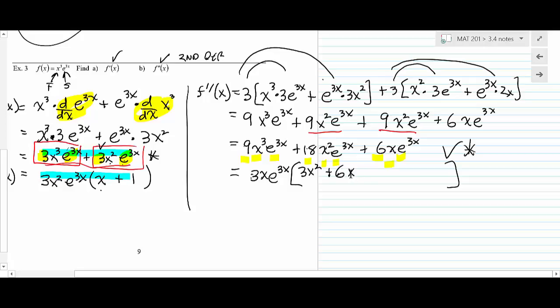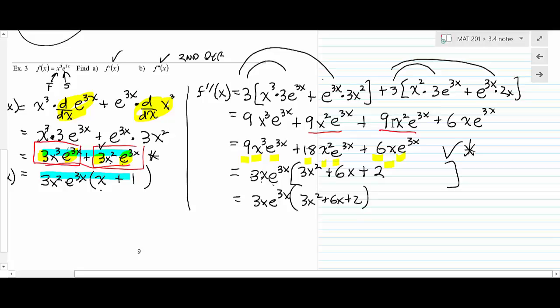And you've got that, or x. Okay, then the last one, you've got 3 times 2 is 6. And then you've already got the e to the 3x. So that's an answer right there. That would be a factored answer. Just write that as 3x e to the 3x times 3x squared plus 6x plus 2. Okay? And you could try to factor that last thing there.